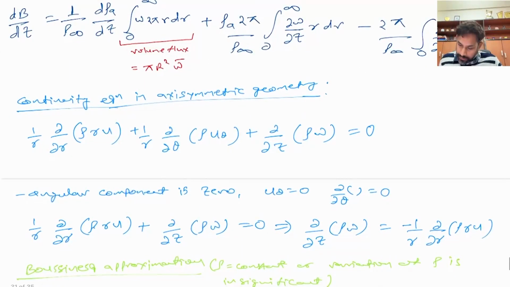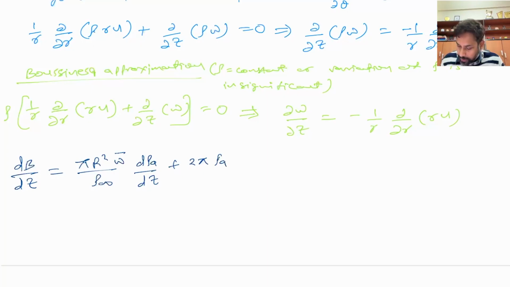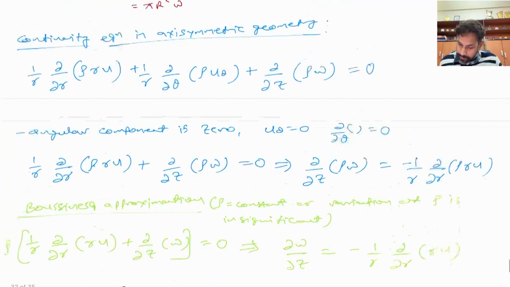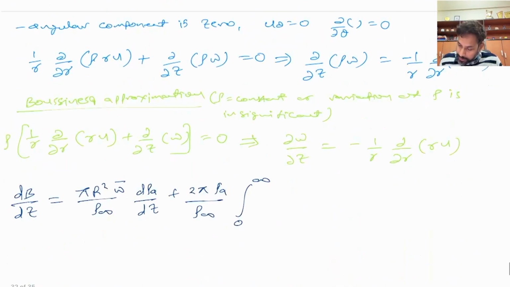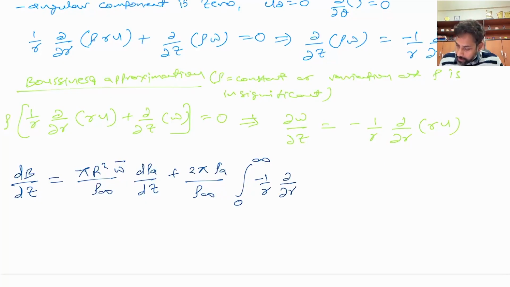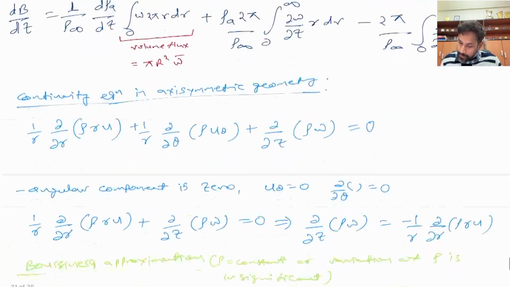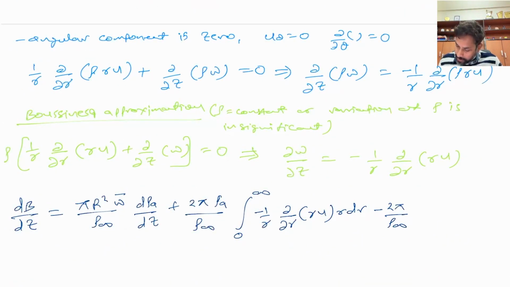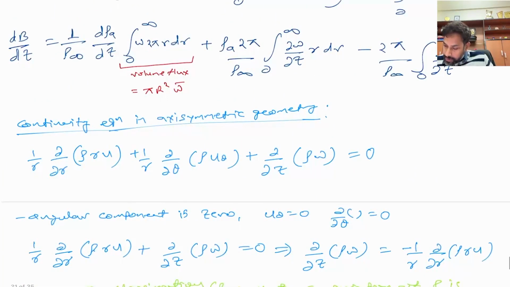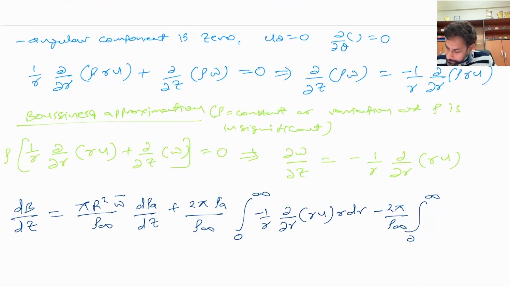Then in the second term we can write 2 pi rho a by rho infinity, integral 0 to infinity, and here dw by dz becomes minus 1 by r d by dr ru, r dr. The last term becomes minus 2 pi over rho infinity, integral 0 to infinity, and here we have d by dz w rho p, so w rho p becomes minus 1 by r d by dr rho ru, r dr. And here I am not writing rho p, because when you write the continuity equation you write it as density, since it is continuous and can be applied at all points.